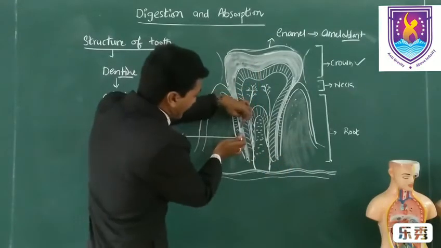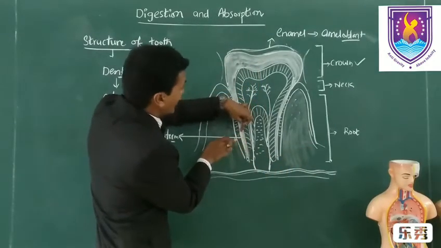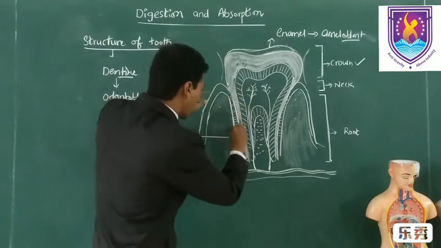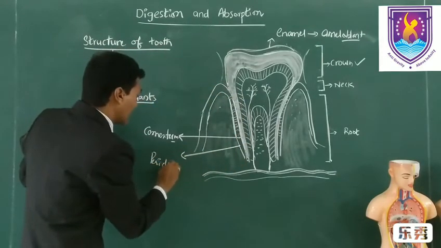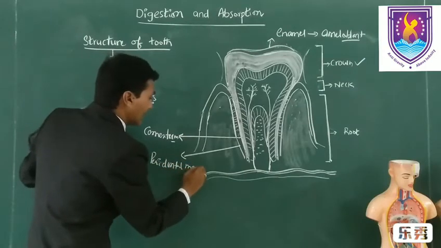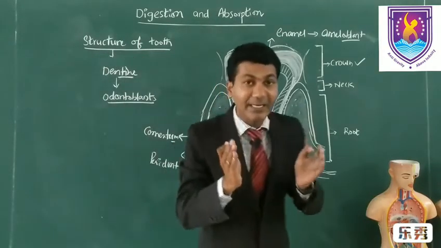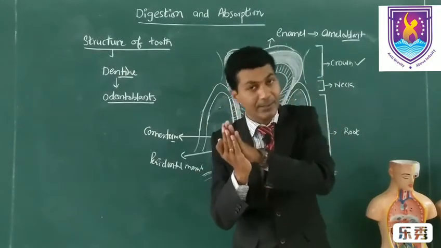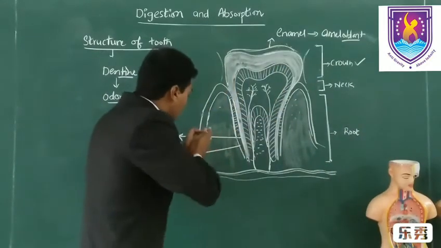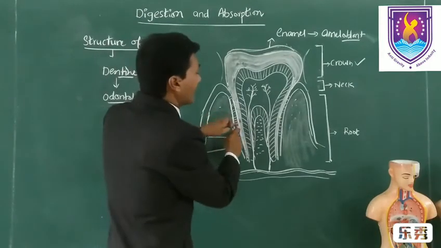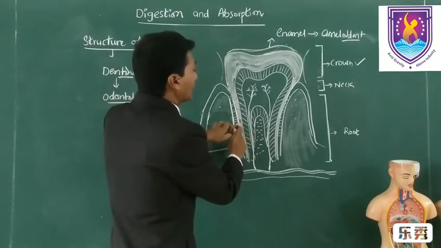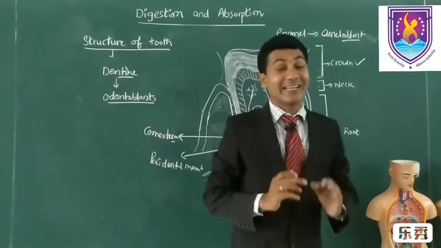And this cementum is associated with the socket of the jaw, which is called the periodontal membrane. The periodontal membrane is a layer of the socket which is closely associated with cementum. So this is regarding the structure of the tooth.